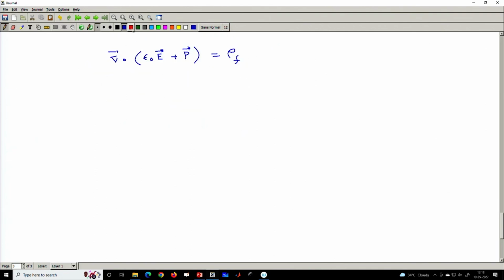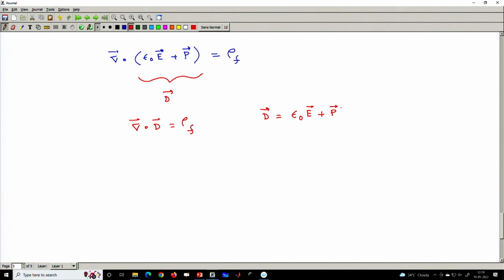This quantity, we define as our D vector, the displacement vector. So, eventually we have divergence of D is equal to rho f, where my D is considered to be epsilon naught E plus P. This is the way we define the rho f.